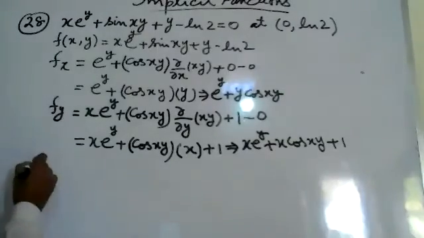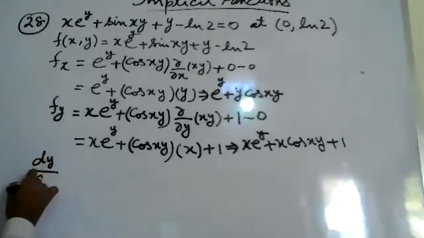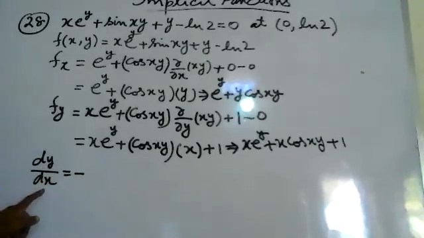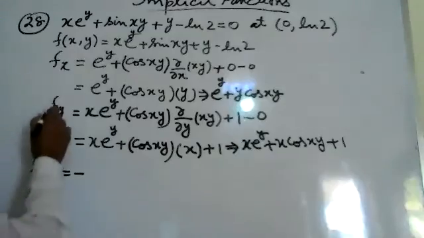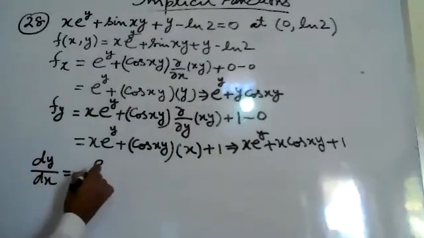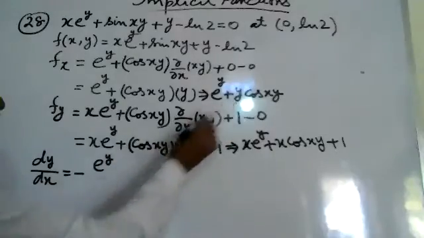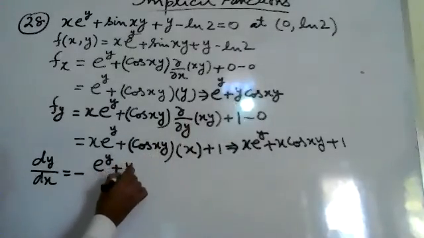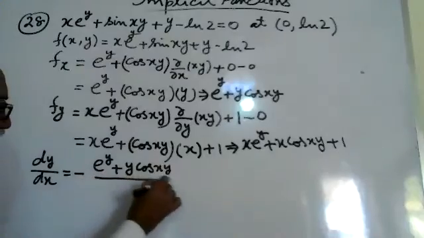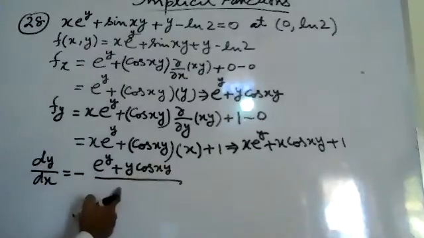Now we will find dy upon dx. It is minus f of x upon f of y. F of x is e raised to power y plus y cos xy, upon f of y.